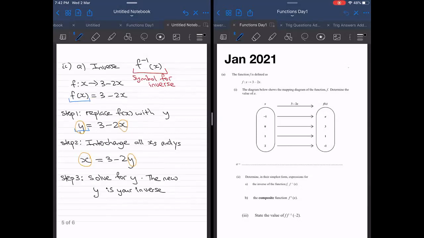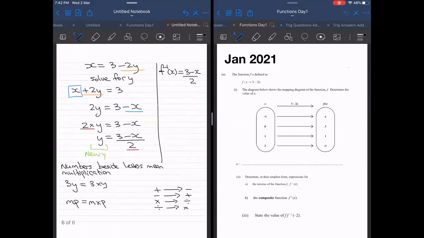So again, going over this question. To find the inverse of the function, step 1, you replace your f of x with y. Step 2, everywhere you see y, you put x, and everywhere you see x, you put y. So you interchange them. Step 3, solve for y.